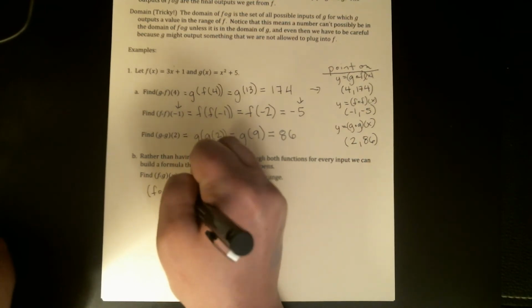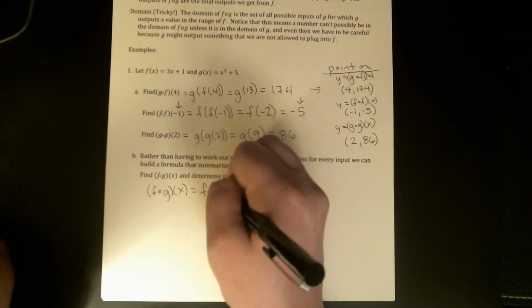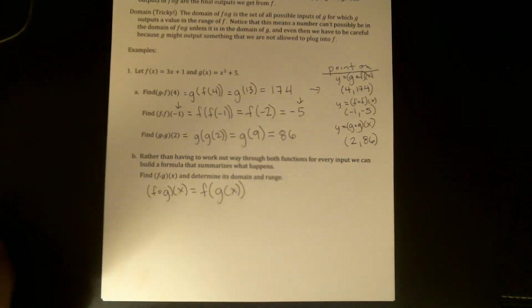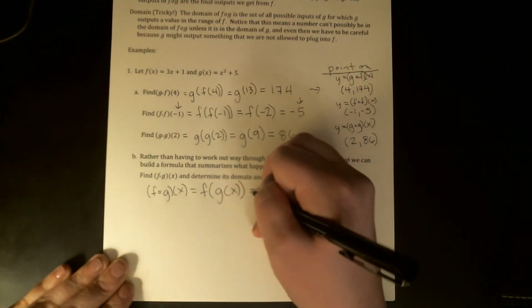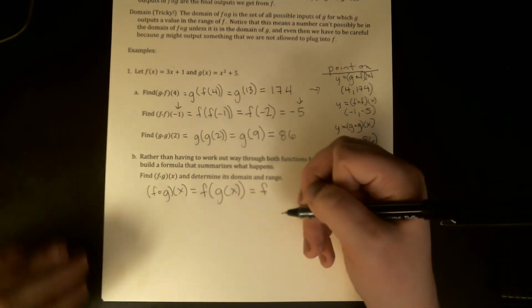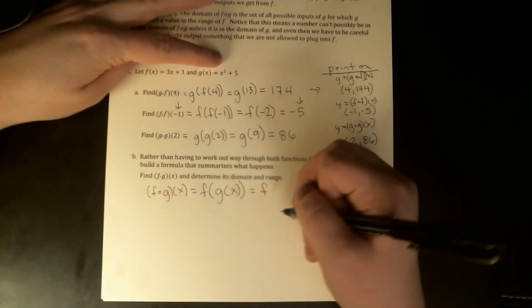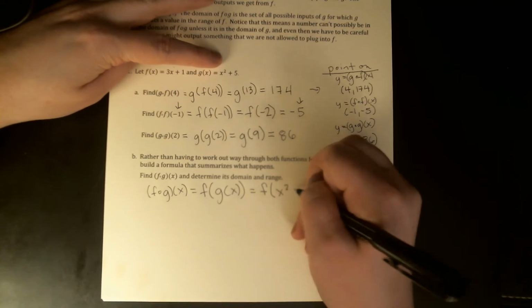Really, all we have to do to build up these formulas, so if I want f of g of x, is not choose a number ahead of time and just keep our variable x in the mix. So if I take an x value and I plug it into g, which is still this guy way up at the top, I'm going to get back an x squared plus 5.